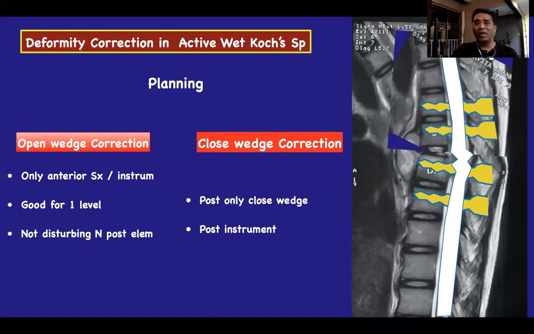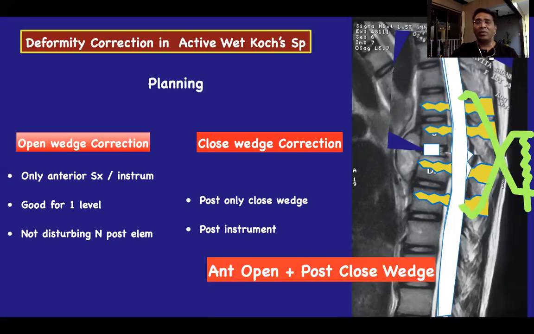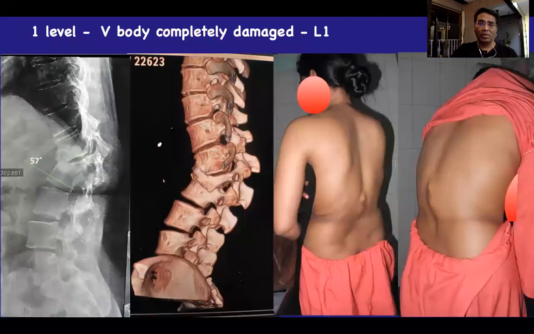So in that case, we put a cage anteriorly so that you jack open it a bit anteriorly so your cord gets straightened. If required, you compress it posteriorly so you get a little extra correction. That is called the anterior open wedge correction and the posterior closed wedge correction.